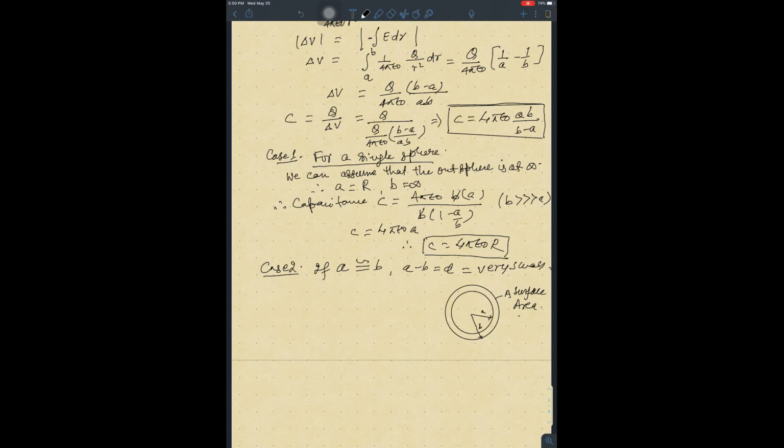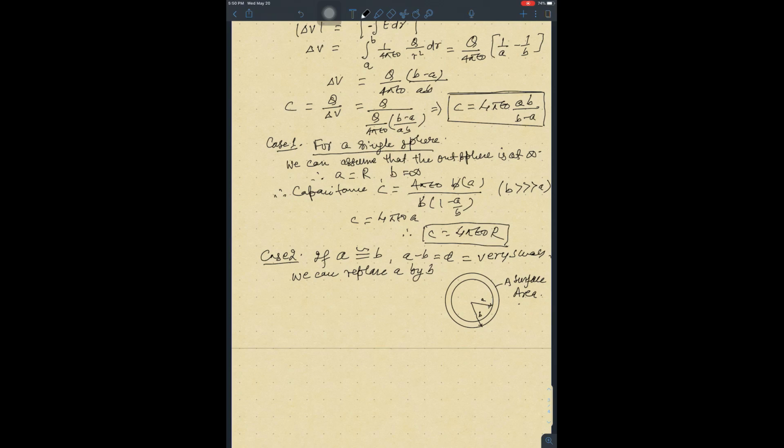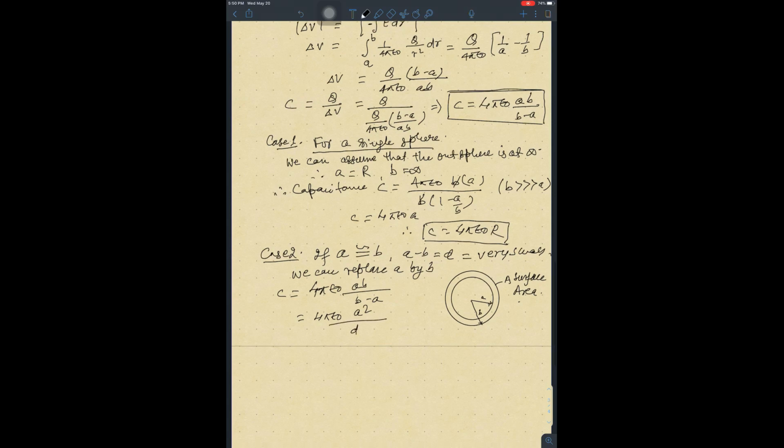Hence we can replace B by A. So what will happen to capacitance? C is equal to 4 pi epsilon naught AB by B minus A, that is 4 pi epsilon naught A square by B minus A, which is D. But 4 pi A square is the area.